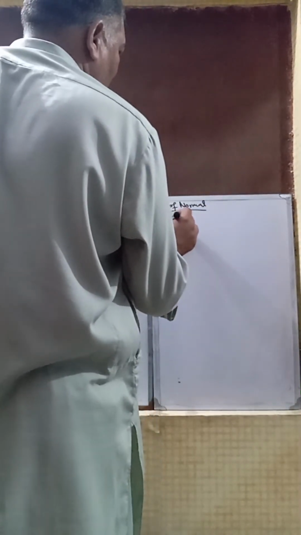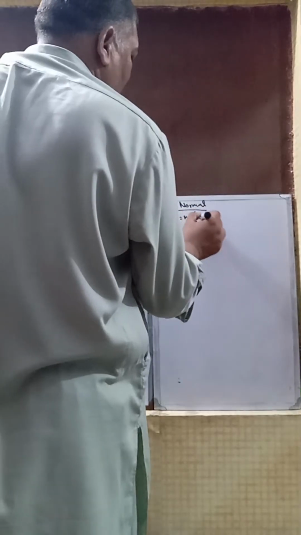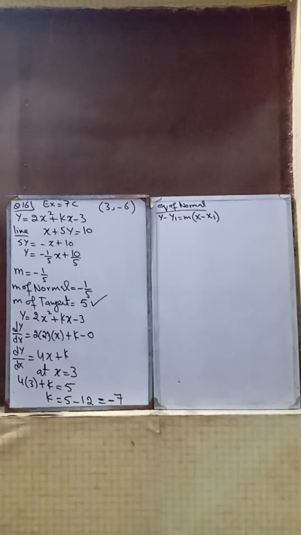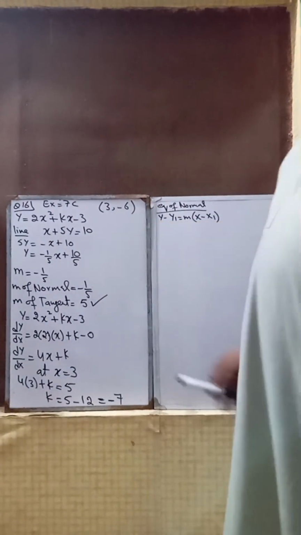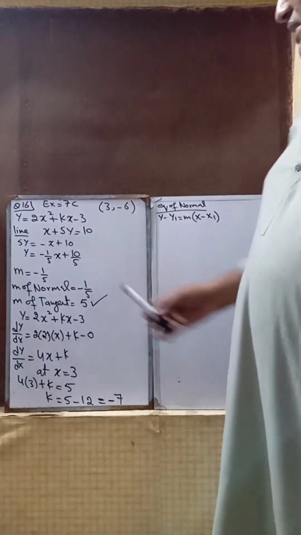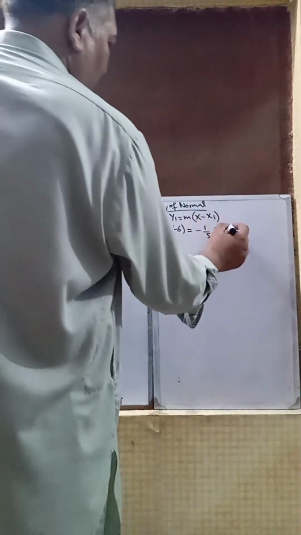That will be y minus y1 equals m bracket x minus x1. This is the formula to find the equation of the normal or any line. The normal is at this point, and the gradient of the normal is minus 1 by 5. So y minus minus 6 is equal to minus 1 by 5 into x minus x1, which is 3.